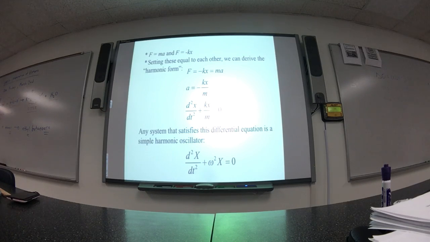Now, because we are a calculus class, we know that acceleration is the second order derivative of position, correct? So I can replace a with d2x over dt squared. And if I bring this negative kx over m term to the other side, I'll get this equation right here: d2x over dt squared plus kx over m.